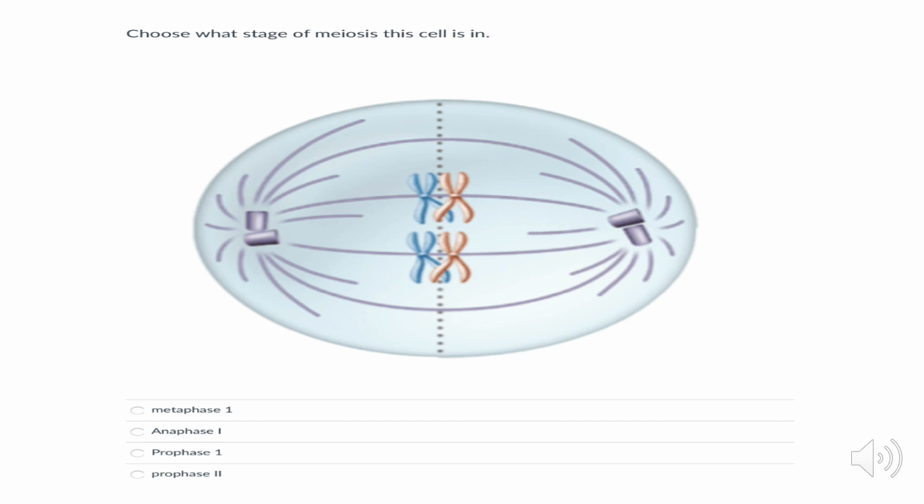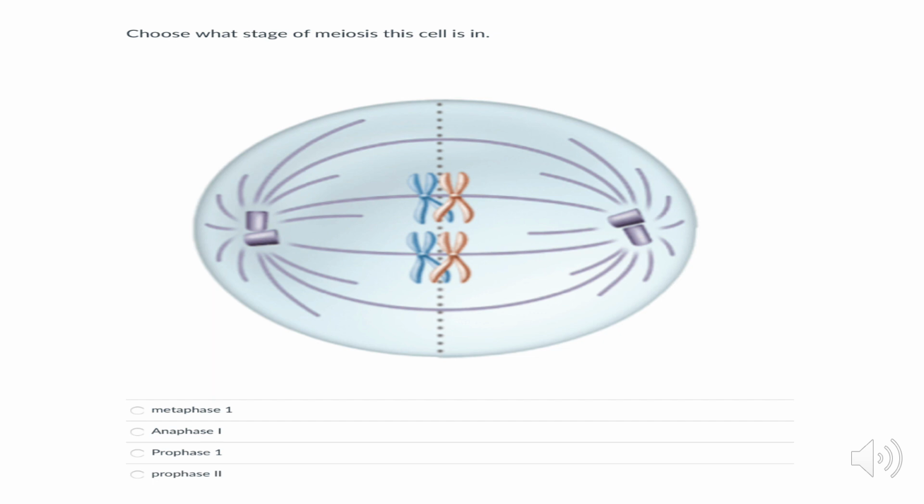In the case of meiosis, homologous chromosomes pair, and they are bound together because they form the synaptonemal complex. That's why they cannot assume the single file arrangement in metaphase 1.